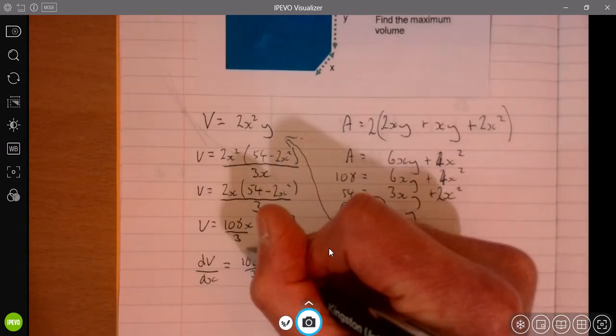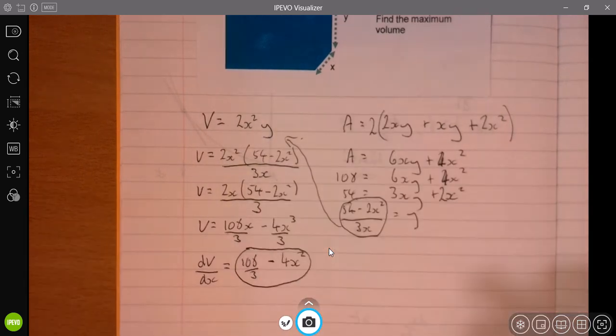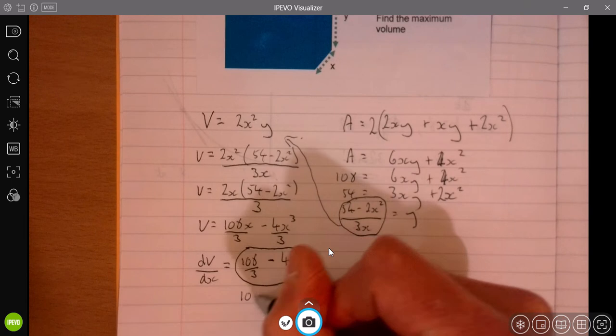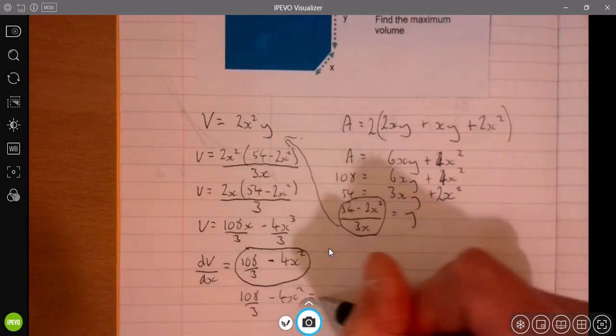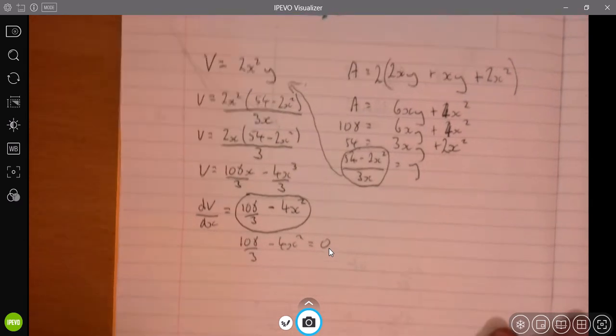So what are we interested in now? We want to know the maximum, so we want to know a turning point. So we need to find out when that's equal to 0.